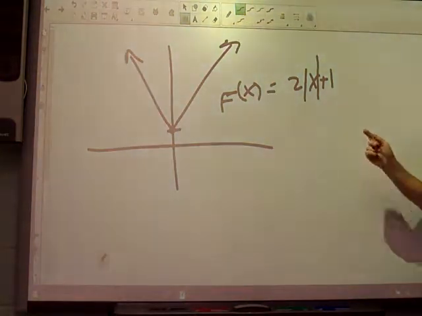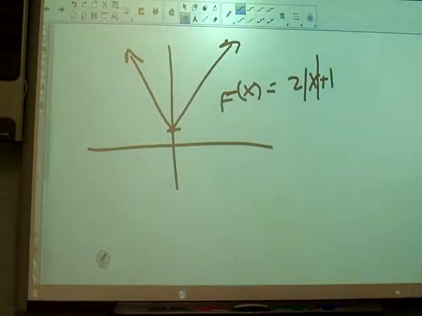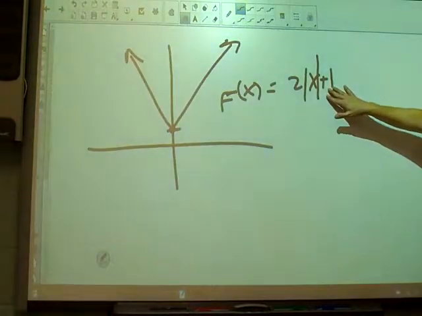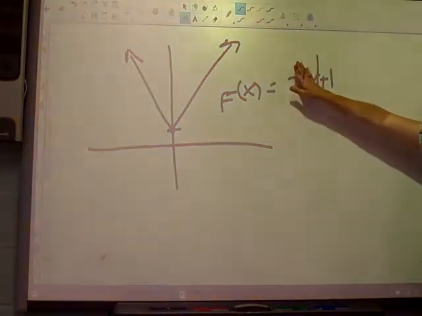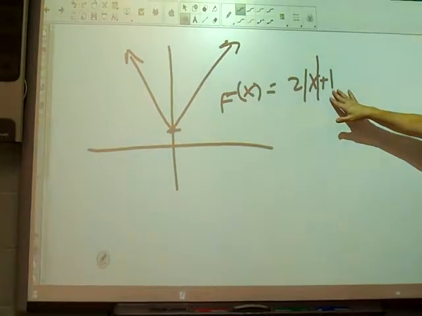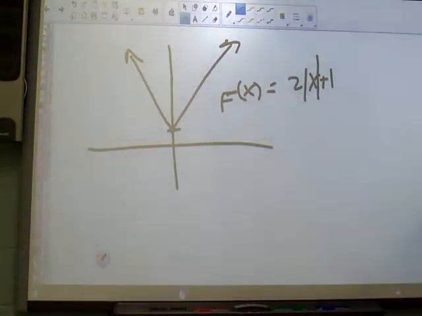Anytime you have a plus or a minus something stuck on the end of the function, that's a slide. That's a translation, the geometric word, up or down. It's not in with any of the other stuff, because when we get in with that other stuff, it'll be something different. But just stuck on the end, it's a translation up or down. +1 went up 1. If it was -1, it would have gone down 1.